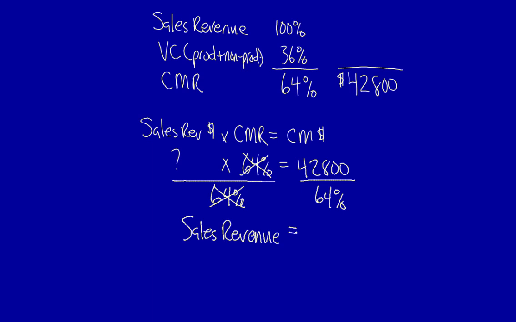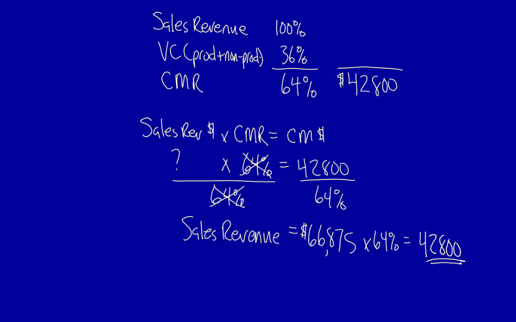Sales revenue is therefore equal to 66,875. Let's double check that. If we multiply this times the contribution margin ratio, we should get 42,800. And we do. No matter what you are given, if you have any piece of information such as the variable cost ratio or the contribution margin ratio, you can calculate the unknown number.